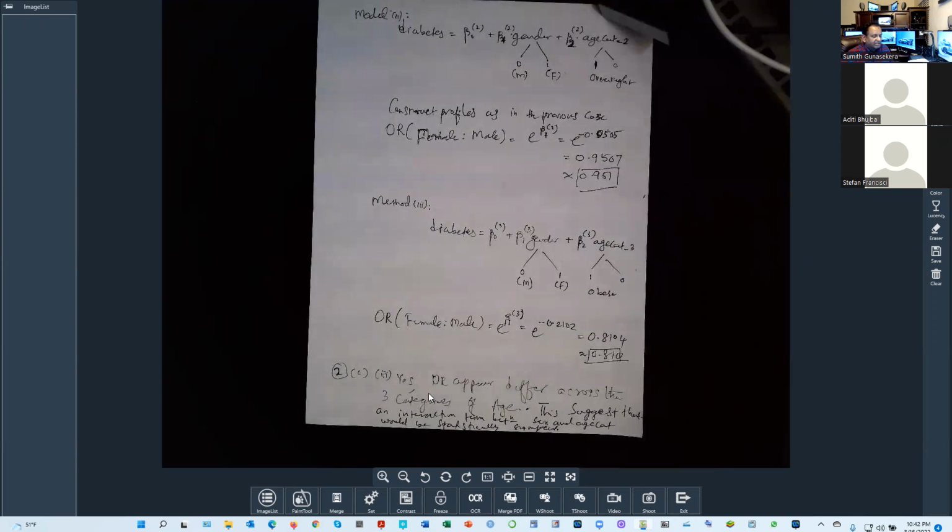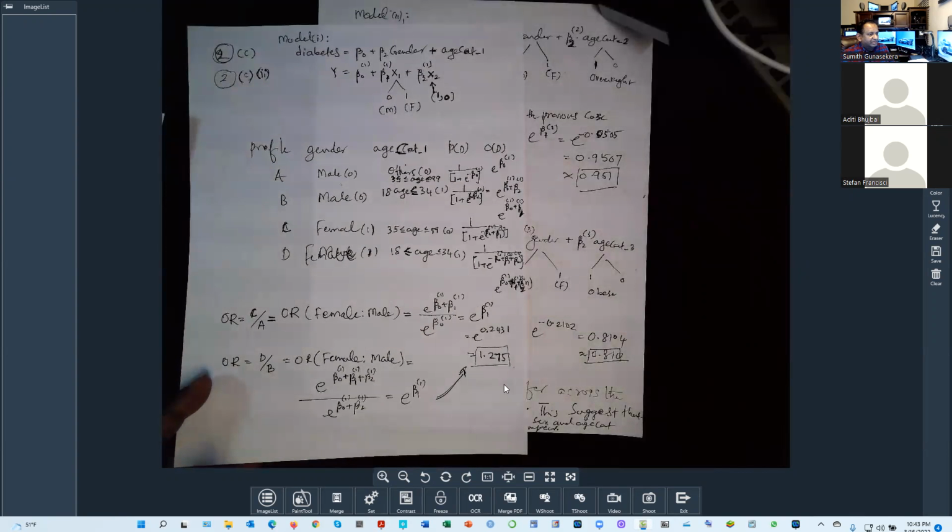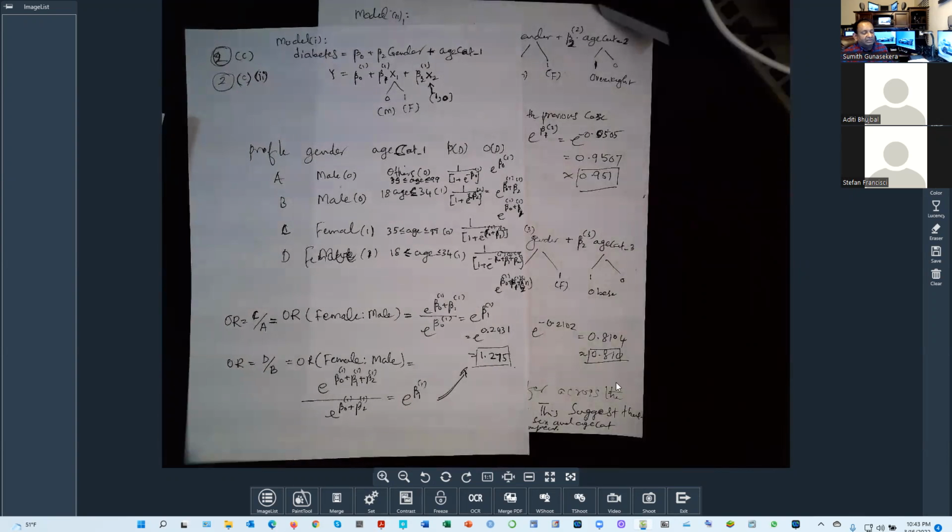How do they differ? Are they drastically different? I don't think so. OR 0.810, 0.91, and the other one 1 point something. They're not drastically different, they're about equal to each other.